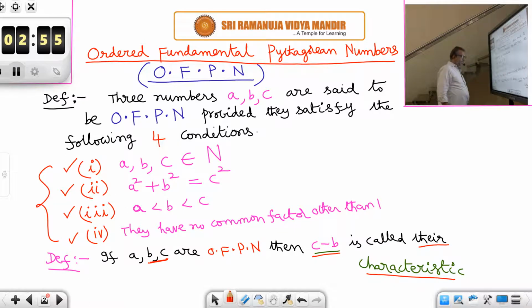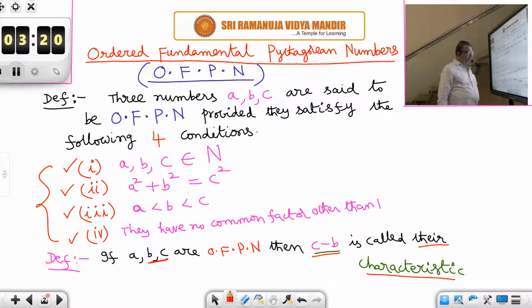If the first two conditions are satisfied, then they are called Pythagorean numbers: natural numbers such that A square plus B square is equal to C square. Third condition is A less than B less than C. That means they are ordered.